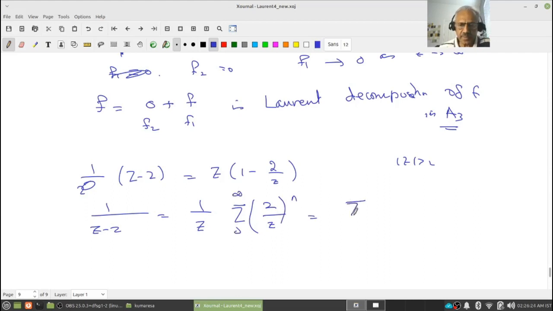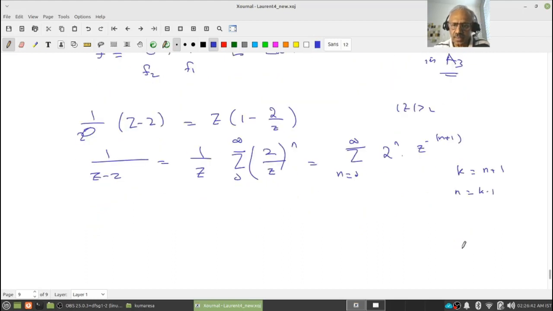That is the sum of 2 to the power n into z to the power minus (n plus 1). If I put k equal to n plus 1, then n is k minus 1, and when n is 0, k equals 1. Therefore I can rewrite this as the sum of 2 to the power k minus 1 times z to the power minus k, running from 1 to infinity.